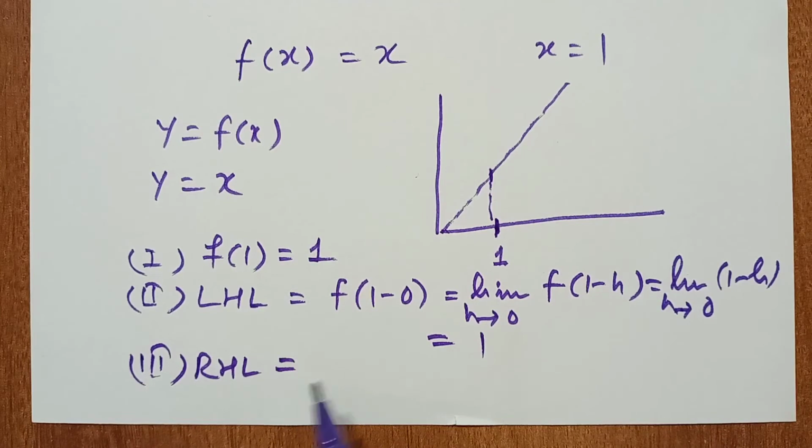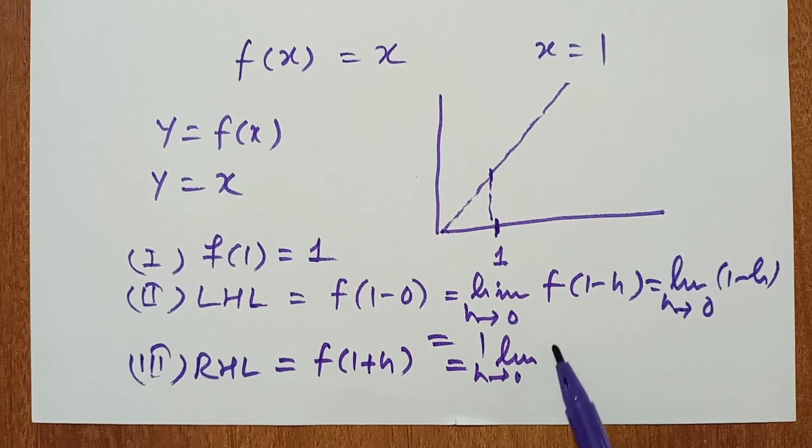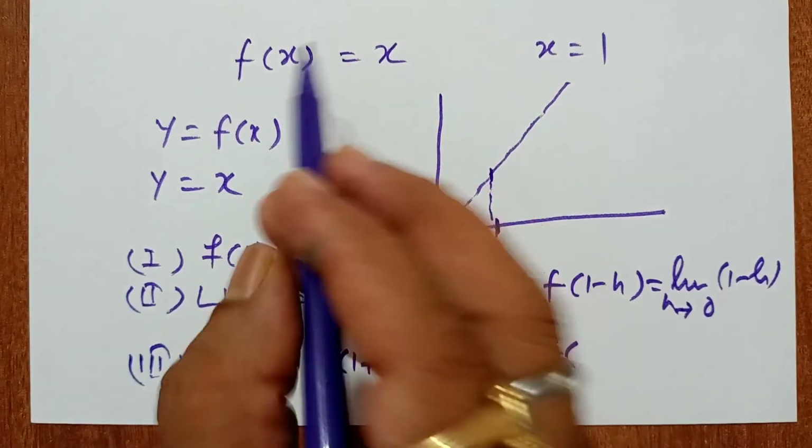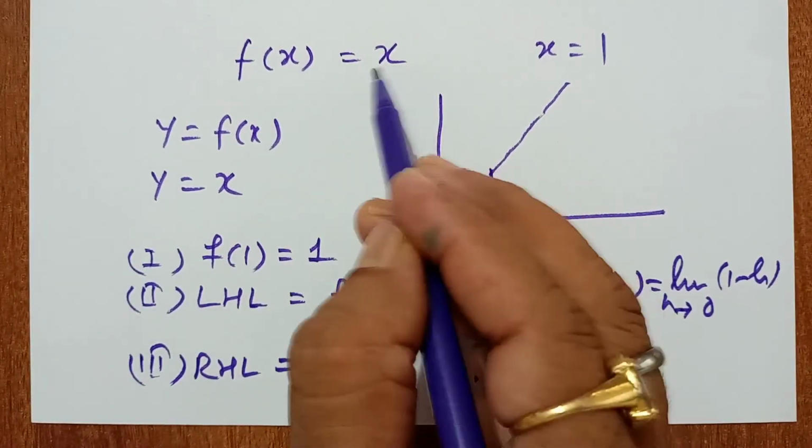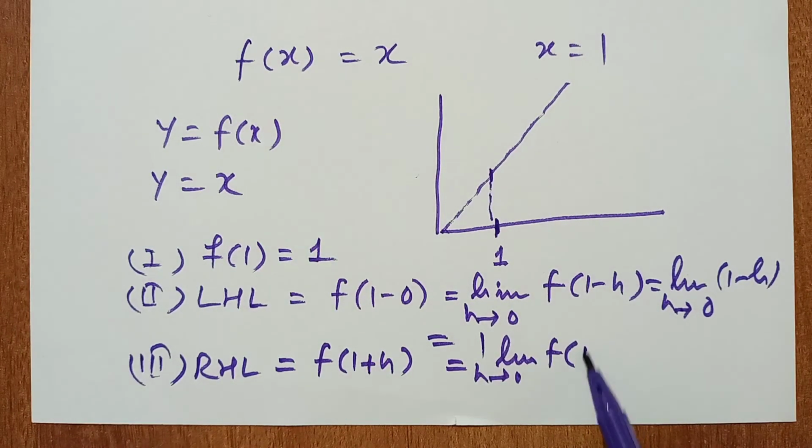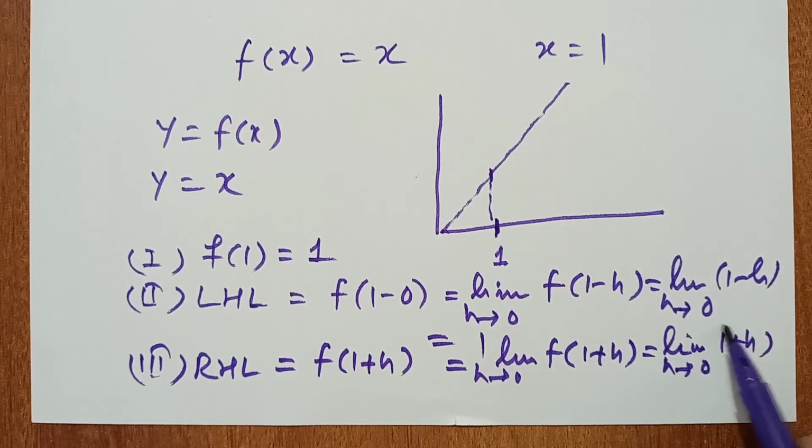Similarly, we calculate the right hand limit. By definition, what is the notation? f of 1 plus h. This is equal to limit h tends to 0 of f of 1 plus h. Here f(x) is equal to x, so f of 1 plus h is equal to 1 plus h. On taking the limit h equal to 0, this is 1.